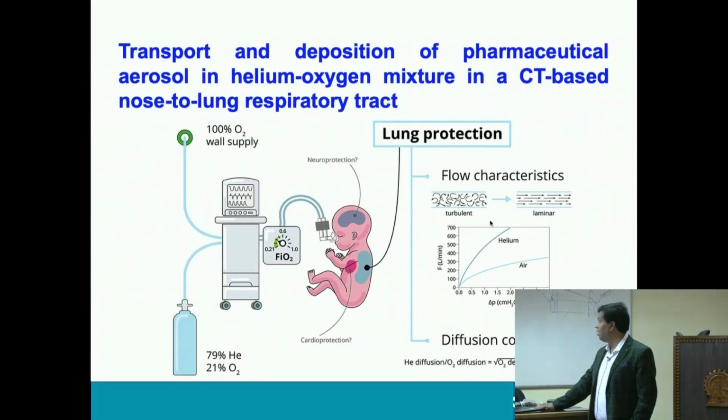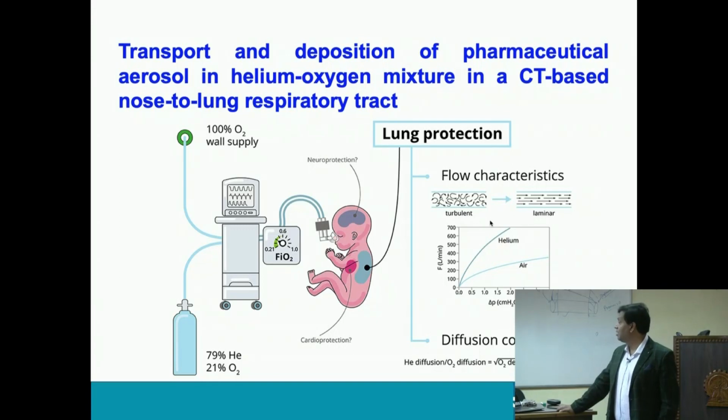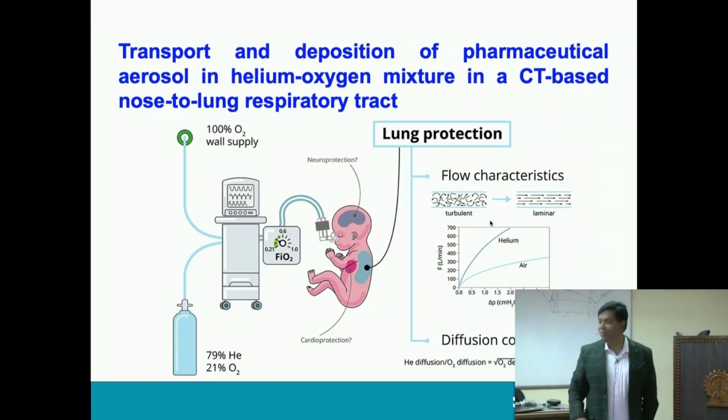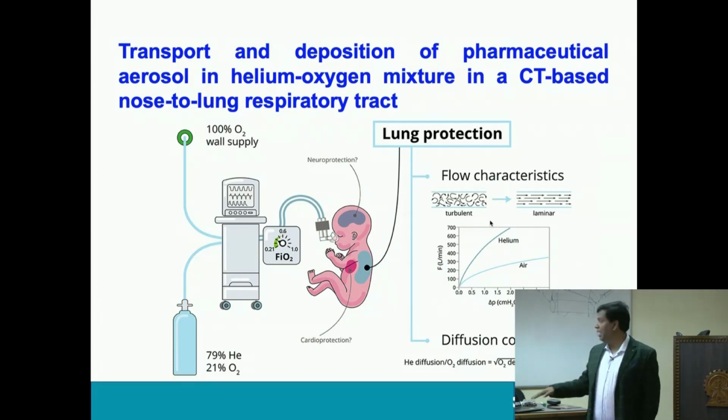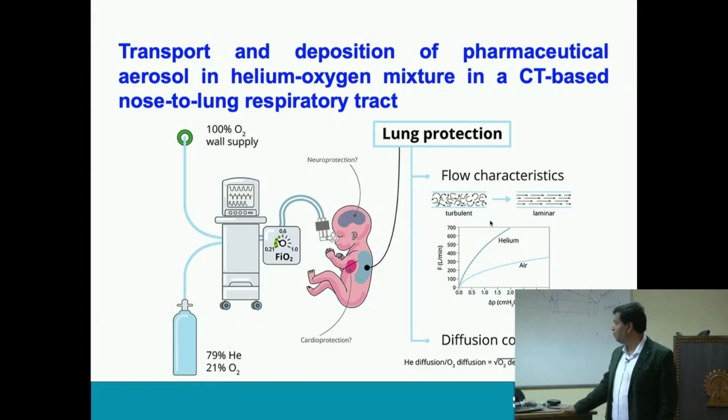All right. Now another case, I am just showing all the possible cases. So this paper is just finished. We have not finalized the paper yet for publication. So here we used a helium oxygen mixture for drug delivery. Okay.